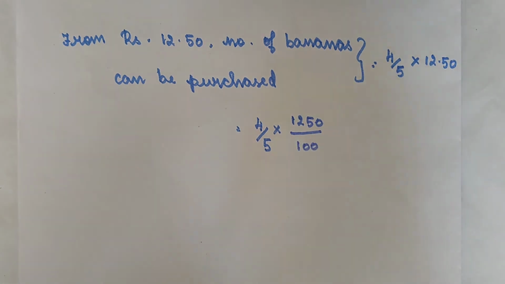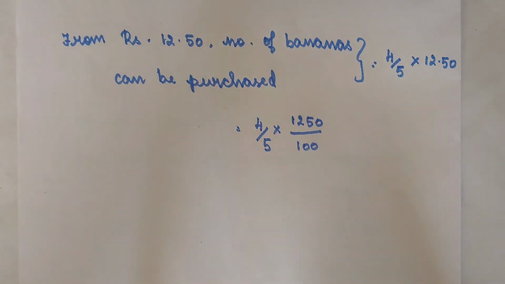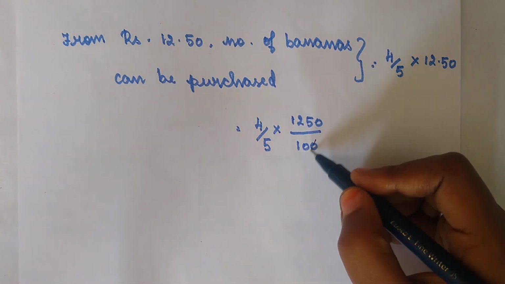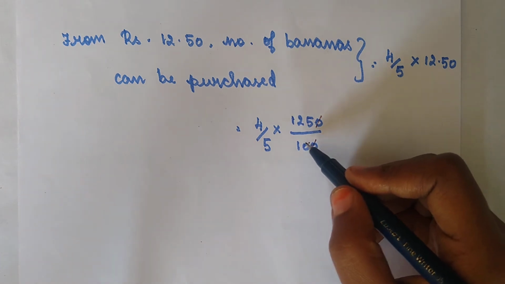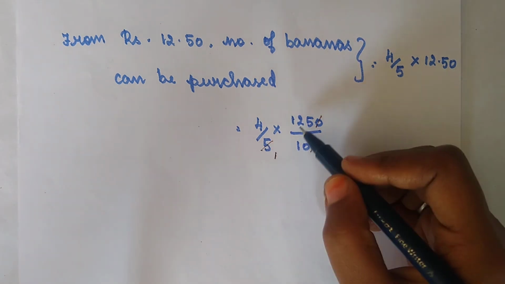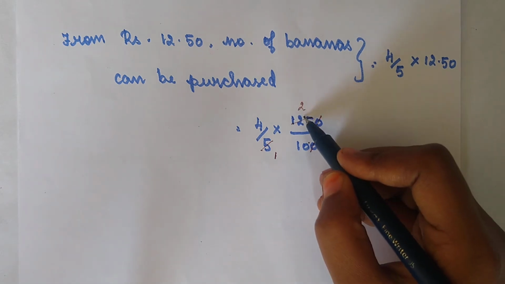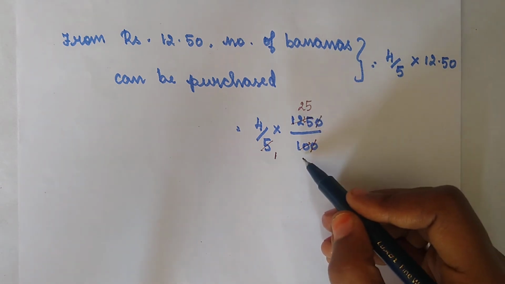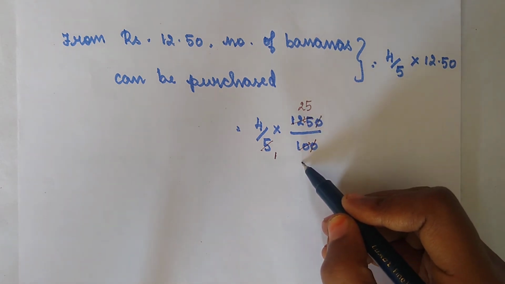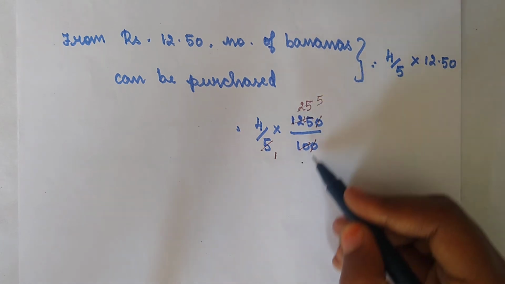Then we have to cancel the two zeros, 0 0 cancel in 5 table, 1 5 is 5, 2 5s are 10, 5 5s are 25. Next we have to cancel in 2 table, 5 5s are 25, 2 5s are 10.